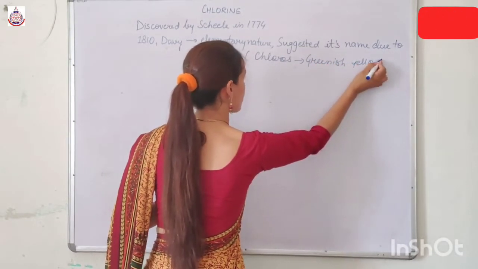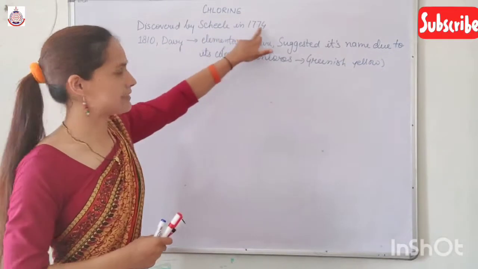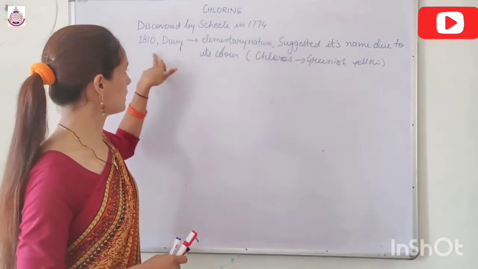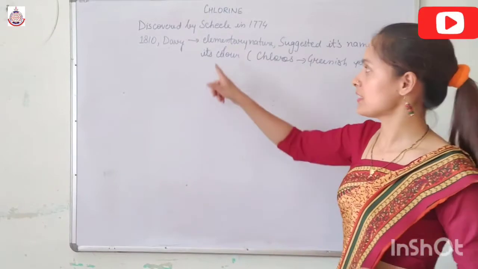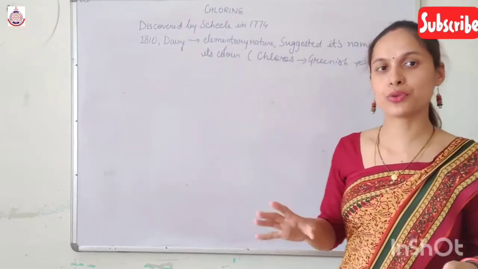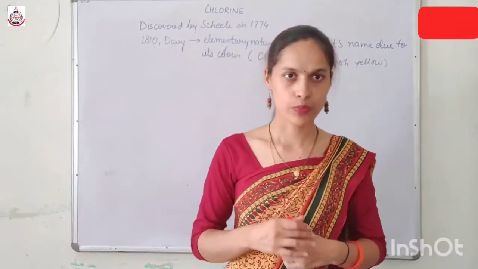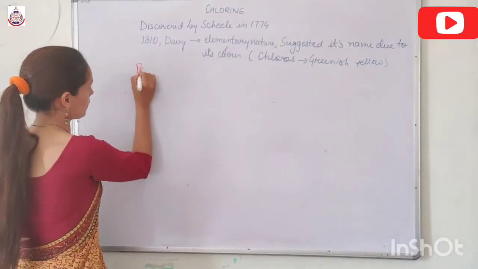So Scheele in 1774 discovered chlorine, but Davy in 1810 suggested its elementary nature as well as its name chlorine due to its color, because in Greek chlorus means greenish yellow.